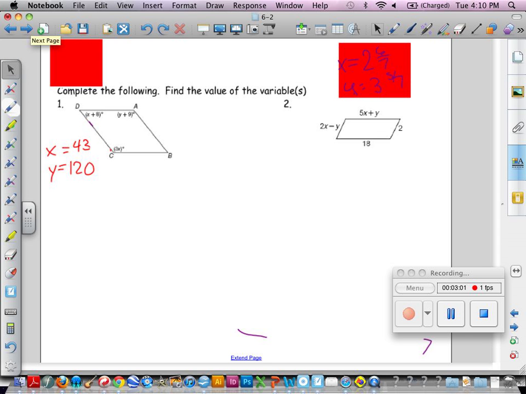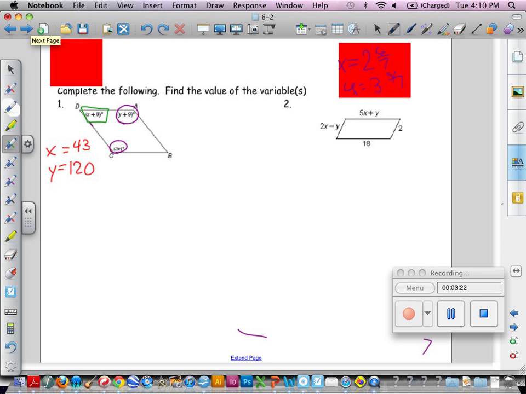When I go to solve this problem, originally, I think I'm going to do opposite sides equal. But when I look at my opposite angles, I have 2 different variables. There may be another way to solve this one. I'm going to look at the 2 that have the same variable. Those are adjacent.